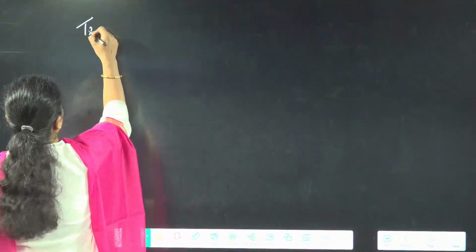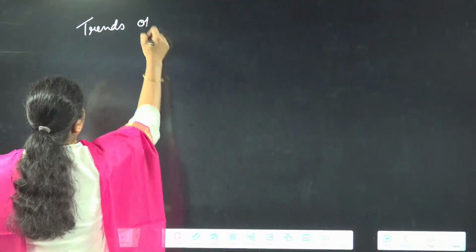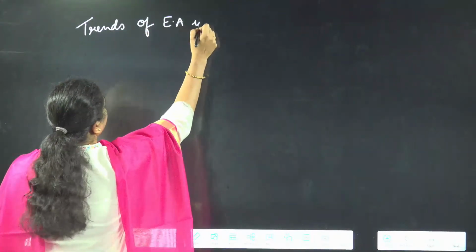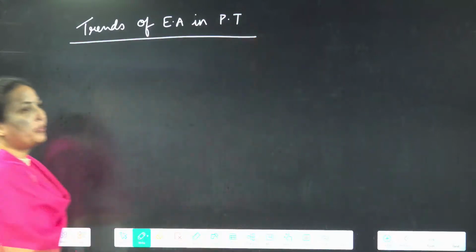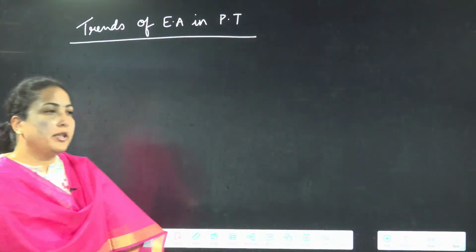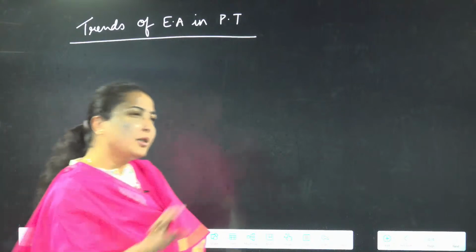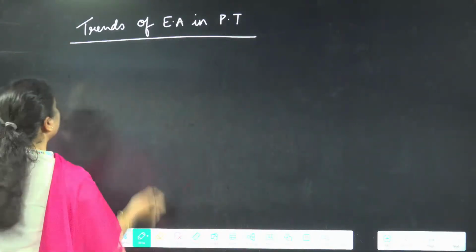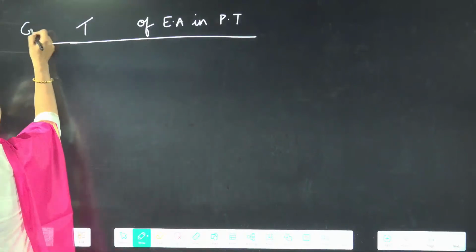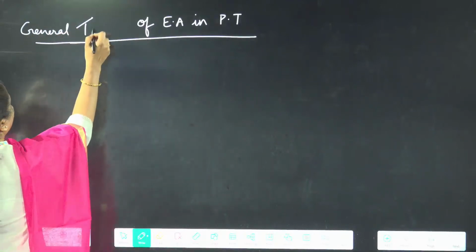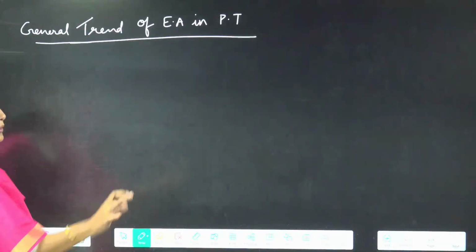Now next is trends of electron affinity in periodic table. When we talk about trends of electron affinity in periodic table, as such there is a very irregular trend, but it will be better if I write the general trend here, because this is one such property which is having a very irregular trend.